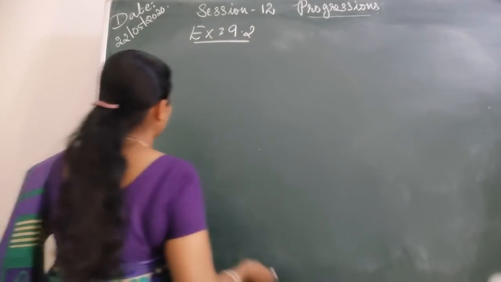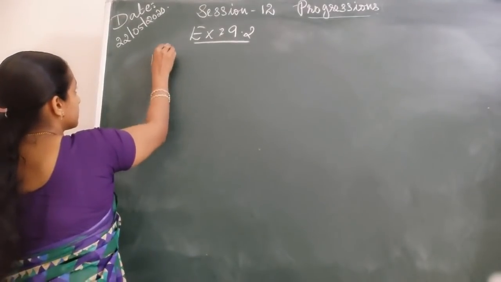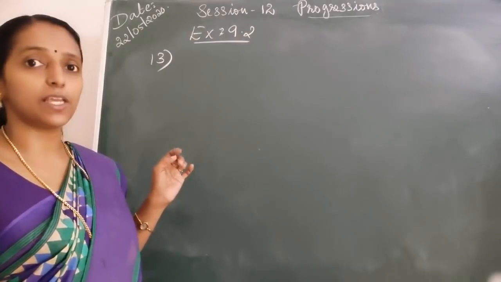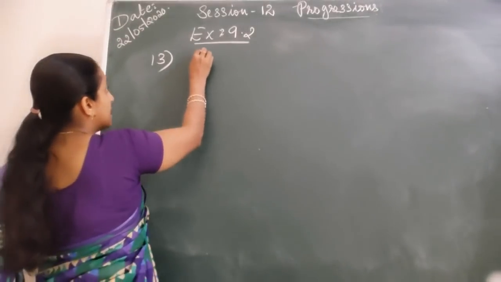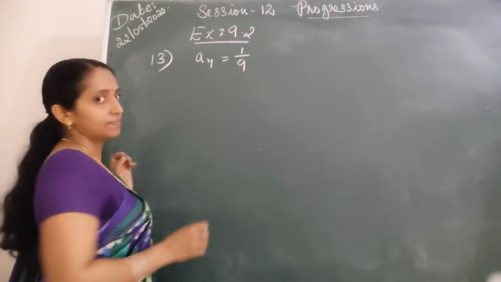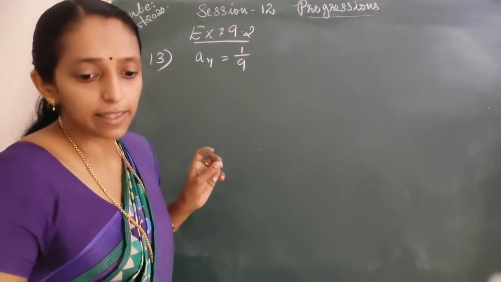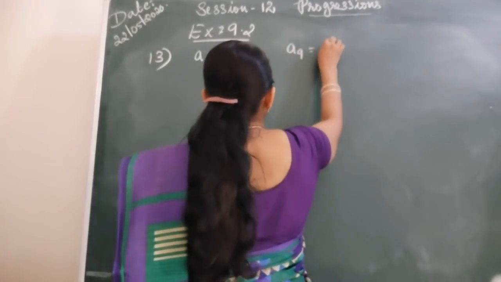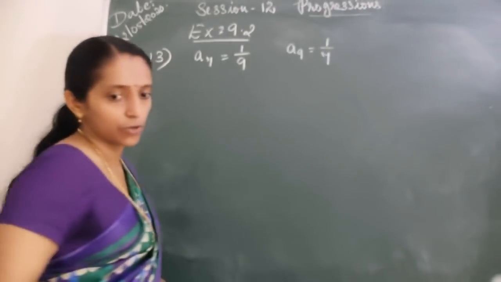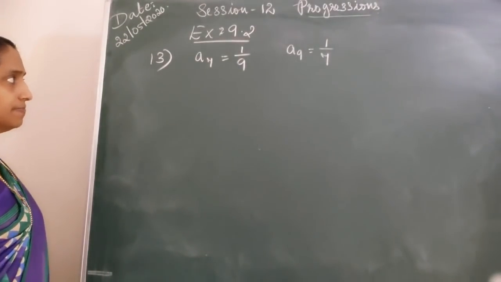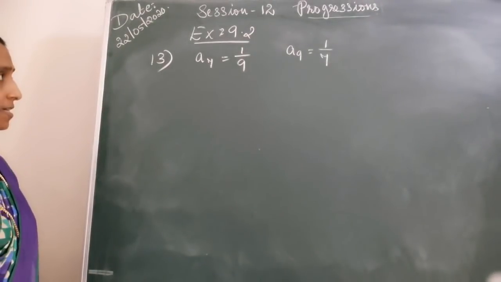Seventh term of an AP is 1 by 9, and the ninth term is 1 by 7. What you have to find? Find the 63rd term. You have to calculate the 63rd term.